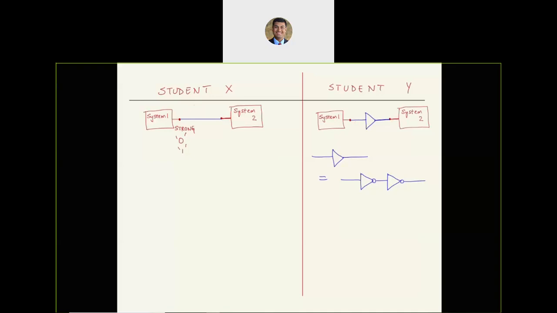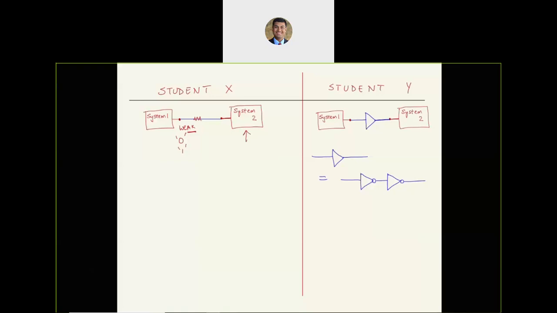However, if the output over here is weak, then we may end up in trouble, because if there is some sort of resistance of the wire and it is a weak 0 or a weak 1 that is the output of system 1, then system 2 might not get the correct voltages that represent low and high. That could be a big problem here.